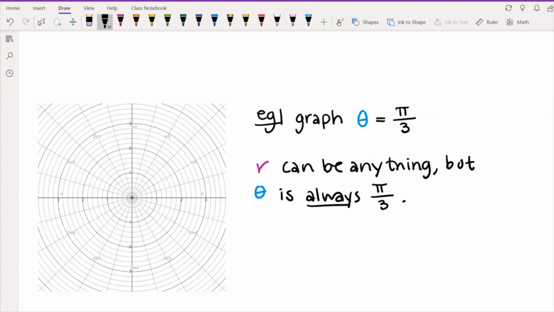Well, that basically means that we can go to an angle of pi over 3, right? So let's go to this angle. And we can put a point at every single distance along this angle. And then we can also put points in the opposite direction, right? So if r can be anything, r could be positive or negative. And so that means that we can have points all along this entire angle in either direction, and that just gives us a line. So this would be a line at an angle of pi over 3.